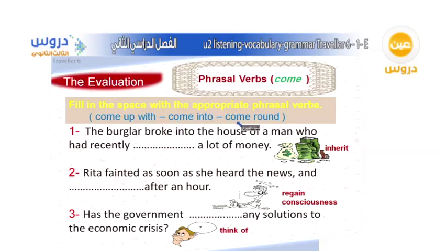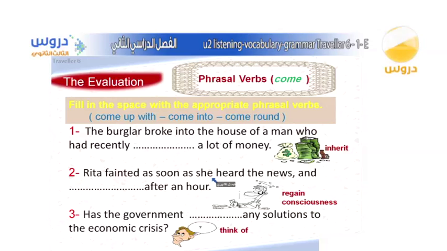Come up with, come into, come round. So the burglar broke into the house of a man who had recently a lot of money. So can you say come up with, come into, come around? What do you think is the right choice? The right phrasal verbs?